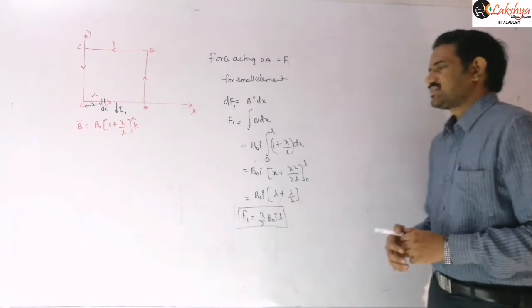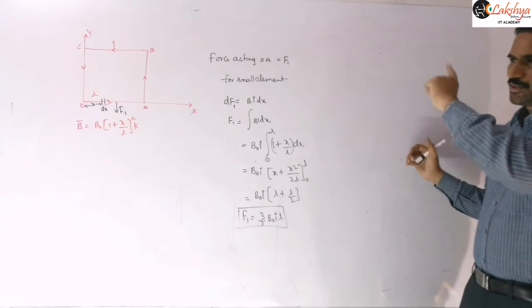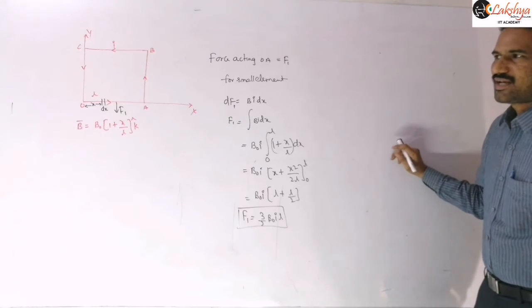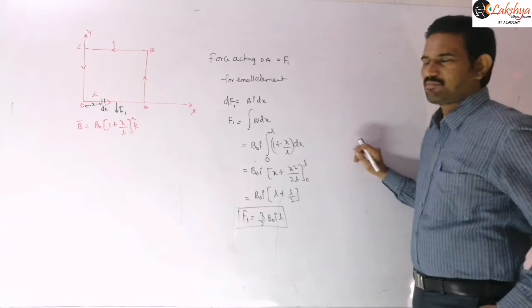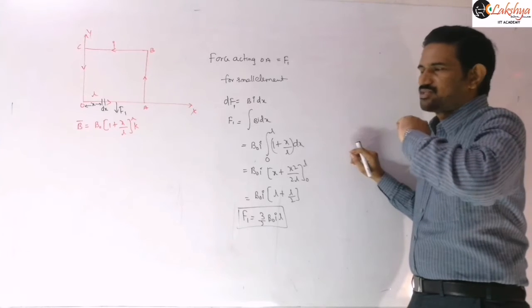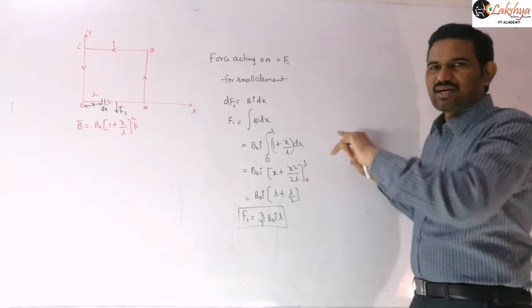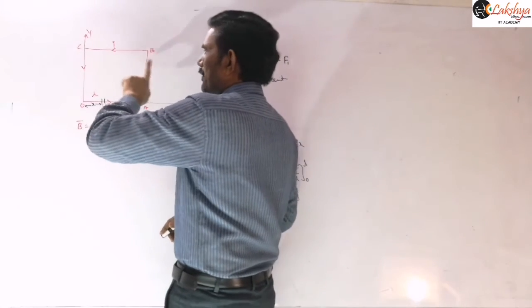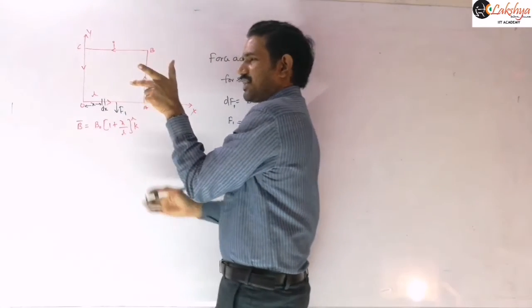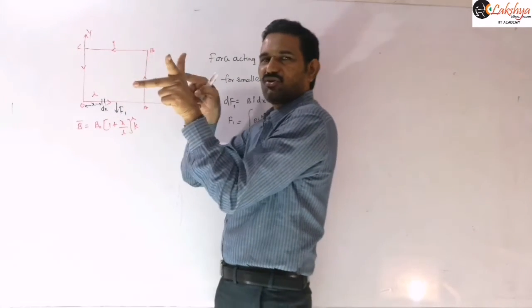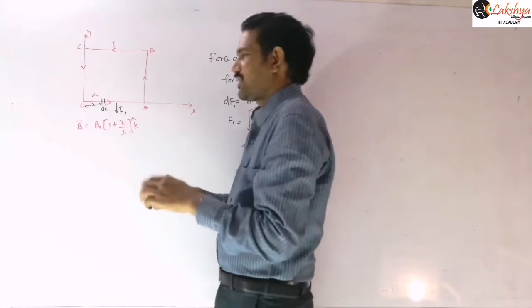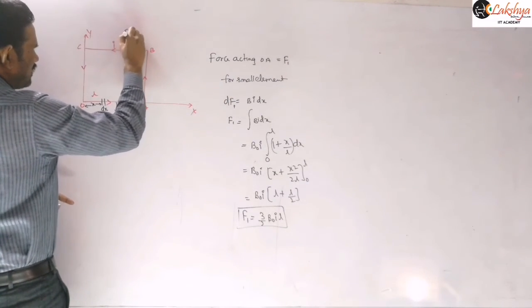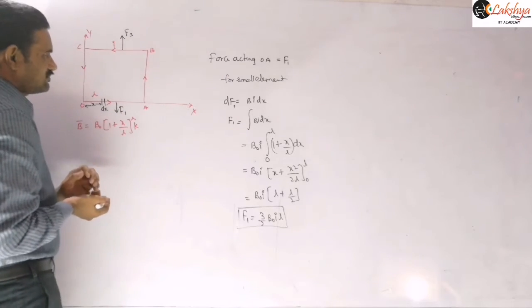And next let us write similarly the force acting on the CB wire, that means the BC wire. Again there x is variable, but the direction is opposite. Because the magnetic field is out of the plane and the current is flowing along this direction, the force will be upwards. Let us take this as F3. Is it clear?